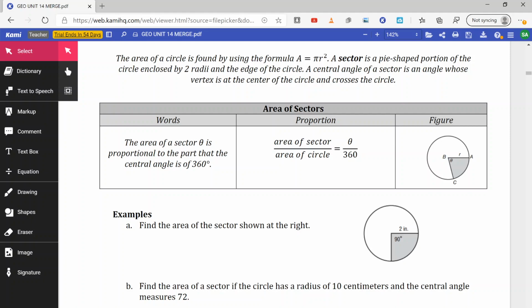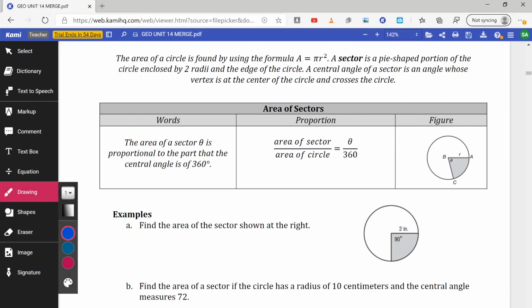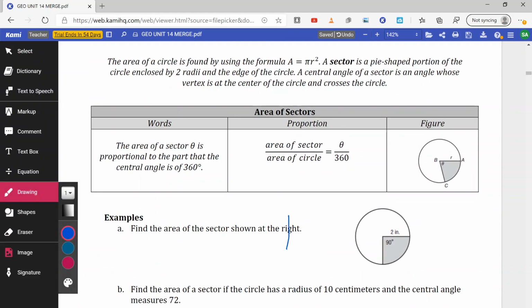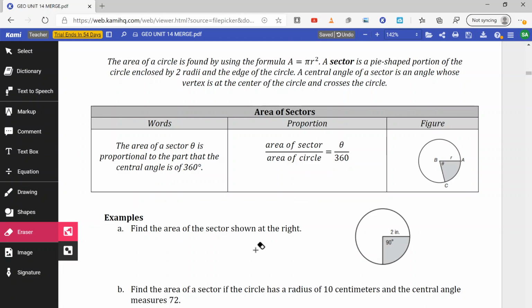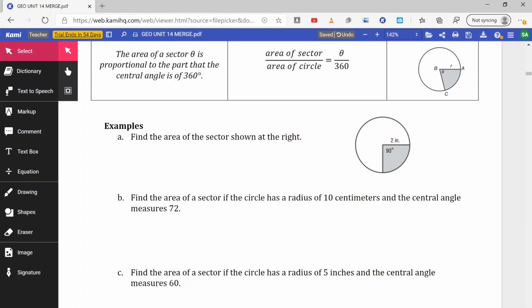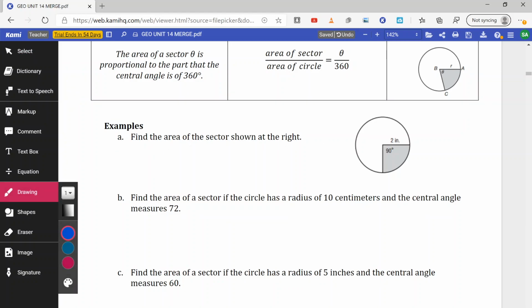So very similar to the length of the arc, only we're going to be doing the area of the sector instead. So we have to find the area of the sector here on the right. So again, area of the sector over the area of the circle is equal to our central angle over 360.